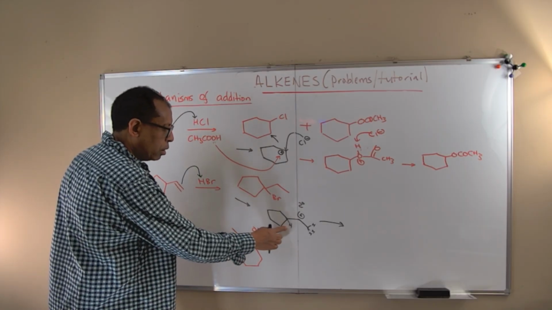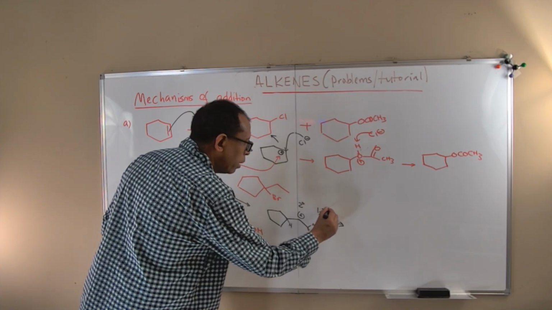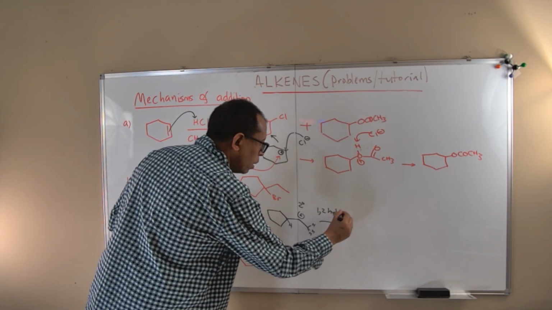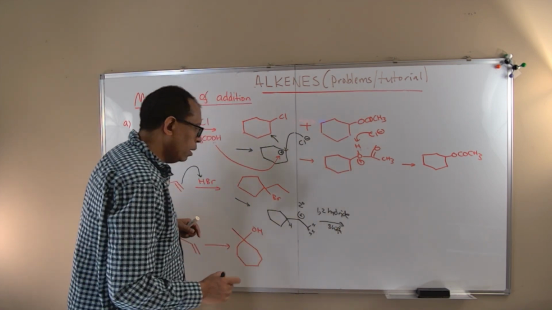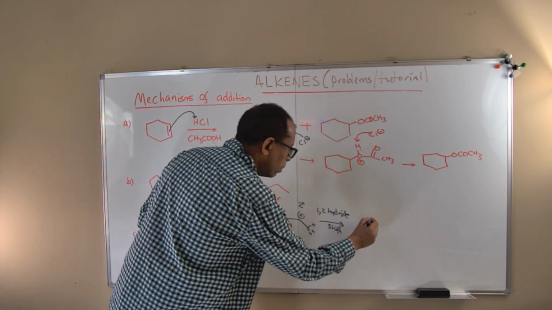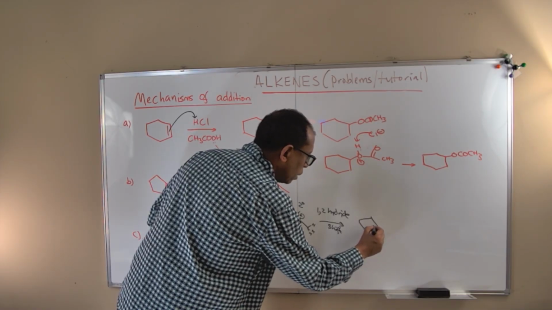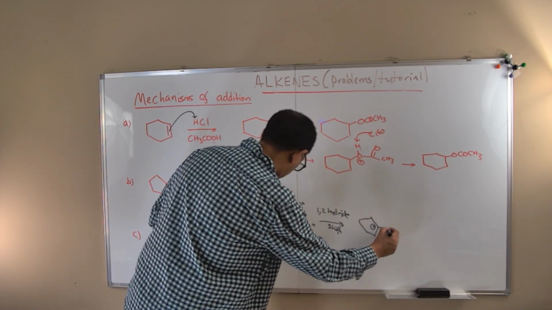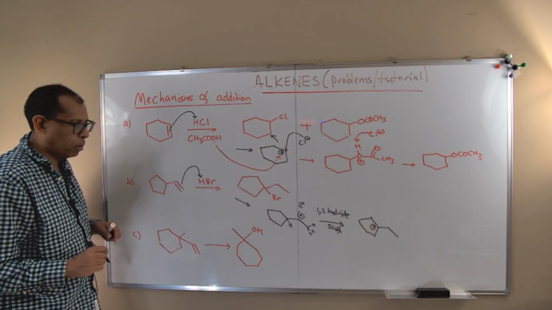This hydrogen shifted here, a 1,2 hydride shift. We have learned this before. Hydride shift is possible. Now a carbocation is formed right where we want it, here and here. So you have that species formed.